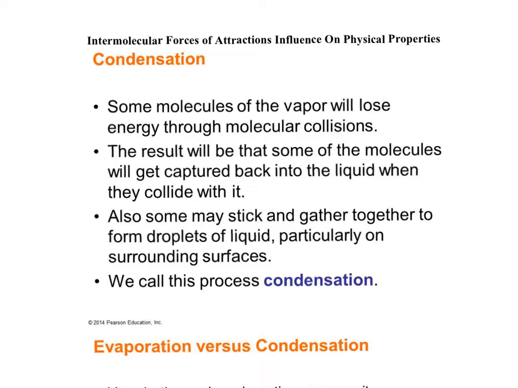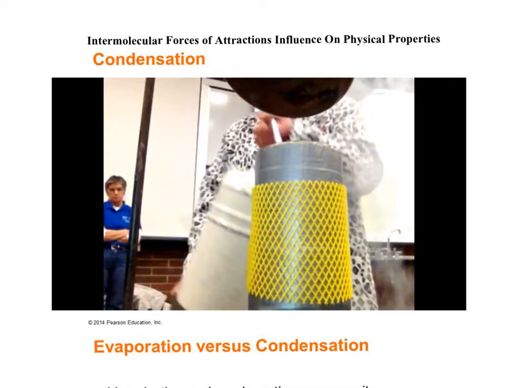So here is a video that I think you may find interesting. In this video, I have a metal can up here, and I'm pouring in liquid nitrogen, which is here. Liquid nitrogen is about, let me put this in red so you can see this better, about minus 195 degrees Celsius.